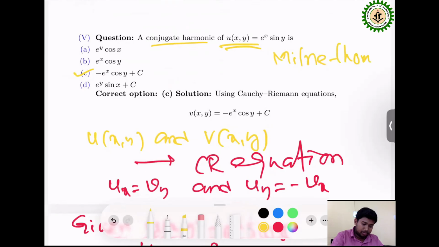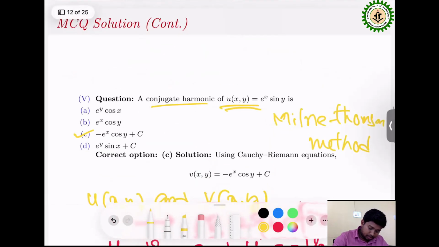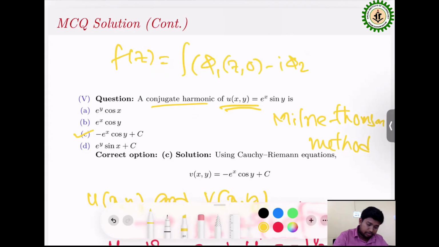What is the formula? f of z equals the integral of phi 1 of z, 0 minus i phi 2 of z, 0 dz, where phi 1 equals del u by del x and phi 2 equals del u by del y.